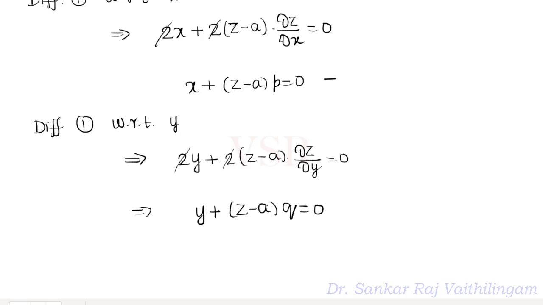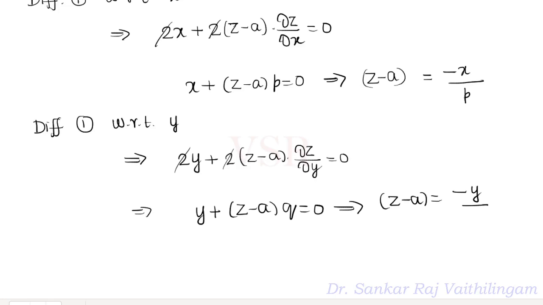அப்போ இதில இருந்து I can write z minus a times p which is equal to minus x. Okay, இது அப்போ என்ன எழுதிக்கலாம் அப்படின்னா z minus a is equal to minus x divided by p. அப்போ அதே மாதிரி இங்க z minus a which is equal to minus y divided by q.